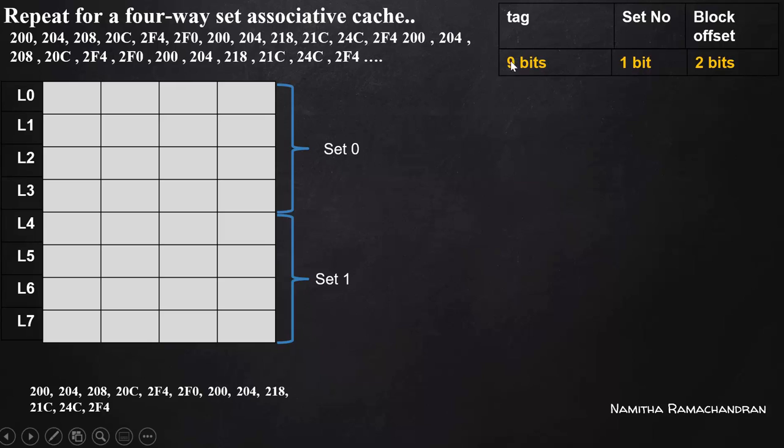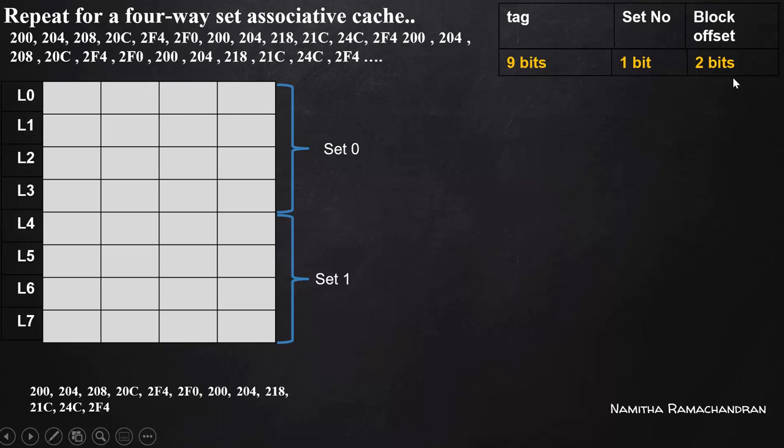Okay, and sorry, not 2 raised to 0, 2 raised to 1. 2 raised to 1 means 2 different values are possible, like 0 and 1. Here 2 raised to 2, that is 4 different values, are possible.